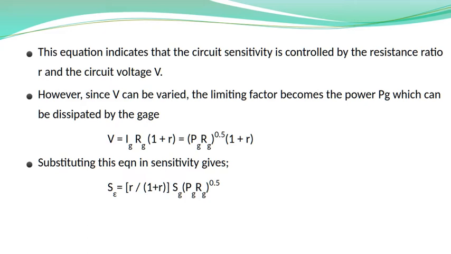Substituting the equation of voltage in the sensitivity equation, we get S epsilon is equal to r by (1 plus r) into Sg into root of Pg into Rg. These two independent terms, that is r by (1 plus r) and Sg into root of Pg into Rg, influence the circuit sensitivity.